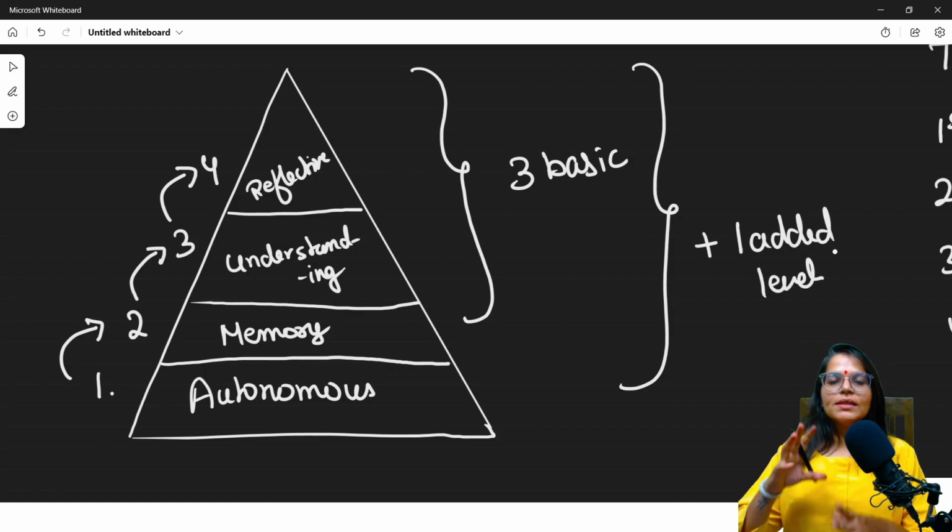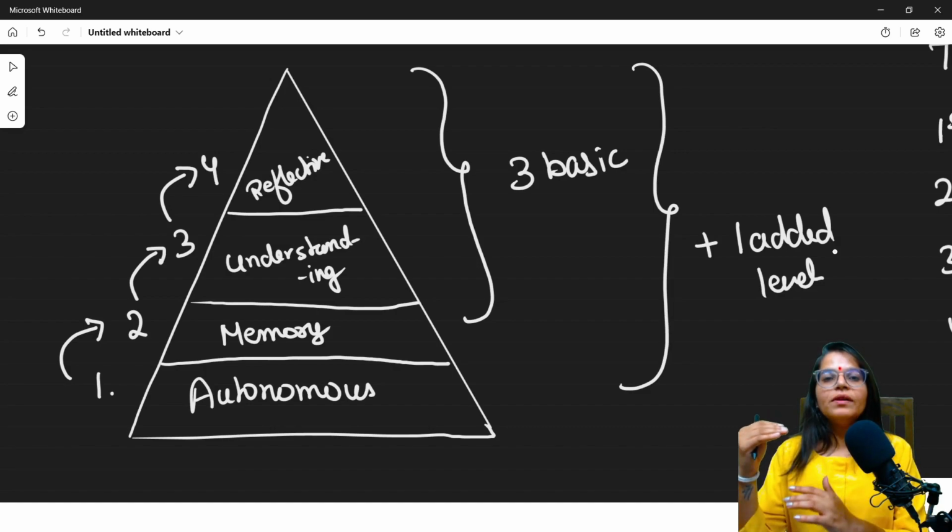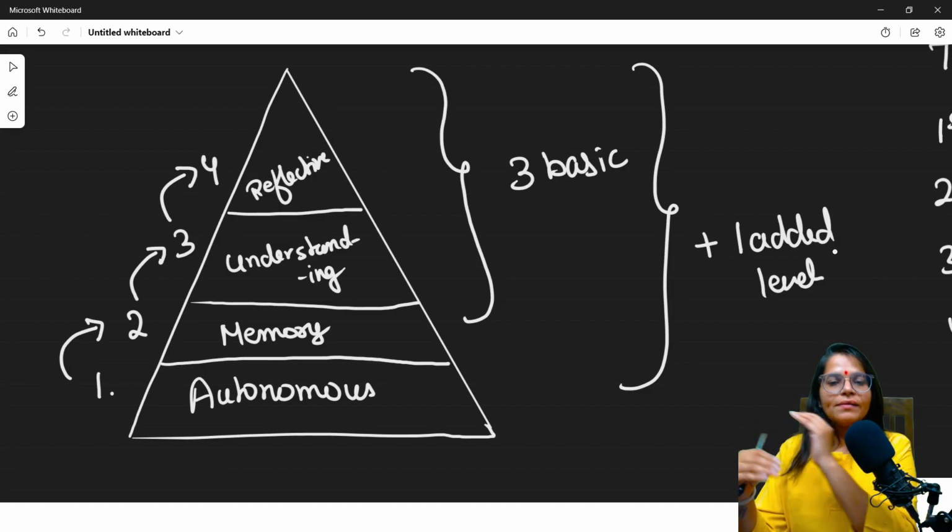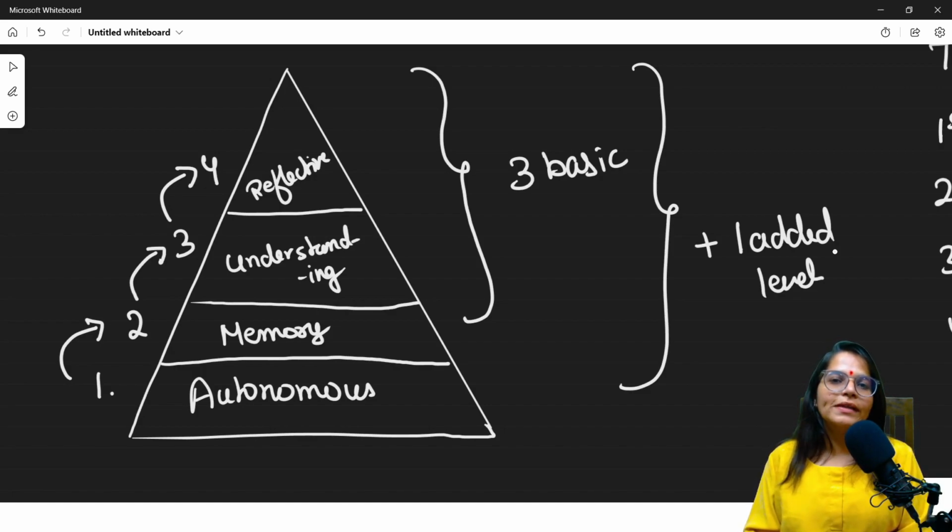So this is the pictorial representation of levels of teaching. The base is the autonomous level, then we have the memory level, then the understanding level, and the final level, the topmost level, is the reflective level. Let us understand one by one in detail.